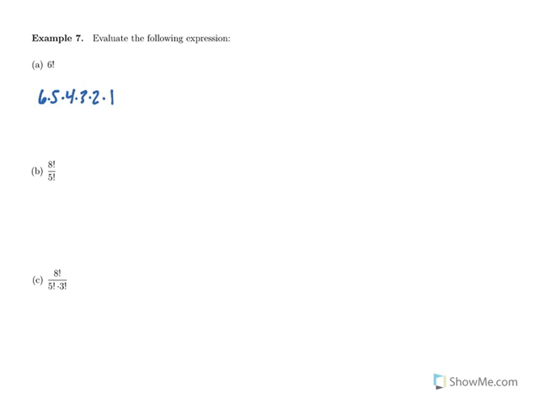But another way you could do it is you can recognize that 5 times 4 times 3 times 2 times 1 is 5 factorial. So you could write this expression as just 6 times 5 factorial. And that can make things a little bit easier sometimes in dealing with this algebra.